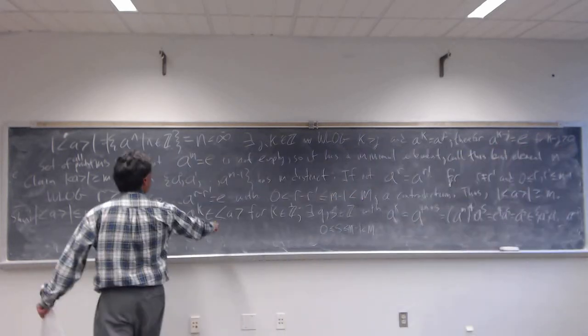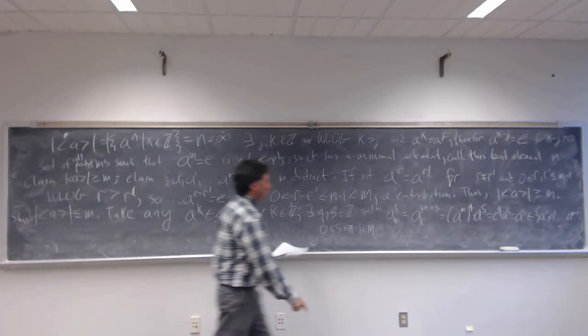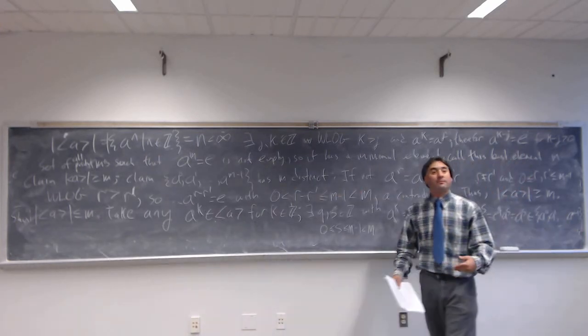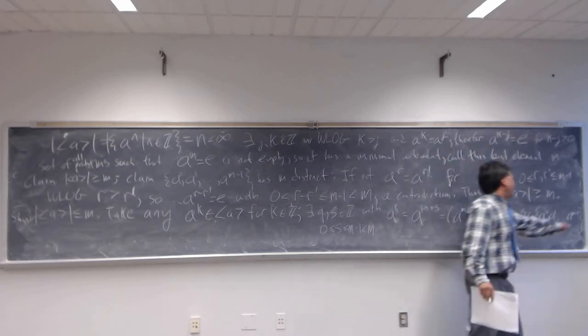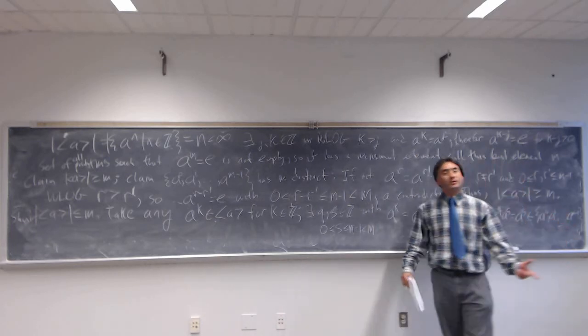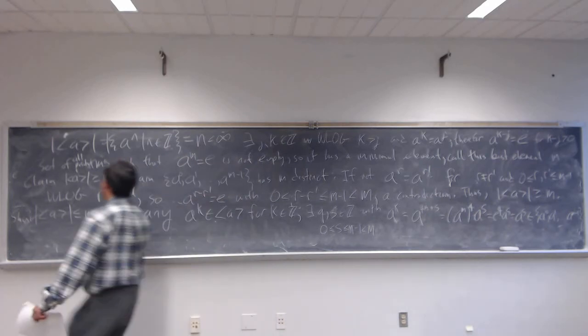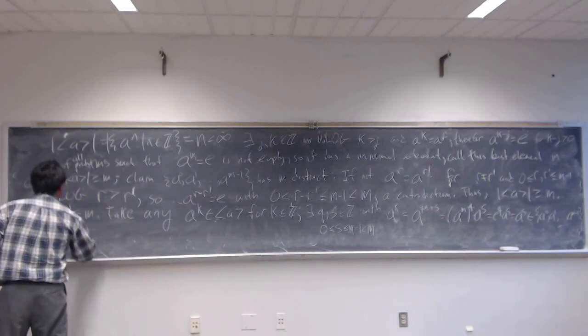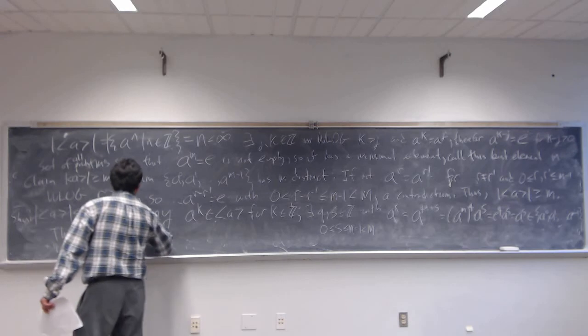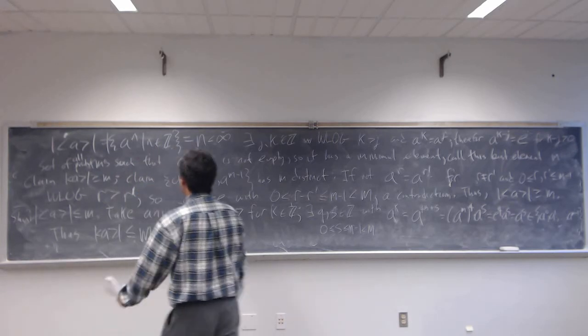So any element in the cyclic subgroup has to be one of these m elements, so that means that there can't be any more than m elements in that cyclic subgroup.